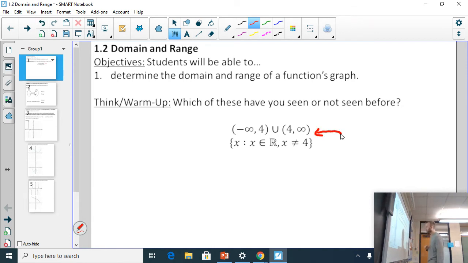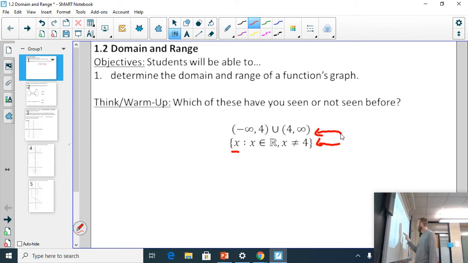That's called interval notation, and this is just telling us that we are looking at every number all the way from negative infinity all the way up to 4, but not including 4. And then we are going at every number all the way to infinity again. And this is called set builder notation. And this is saying the same thing.